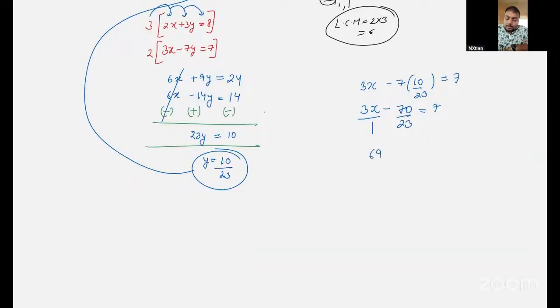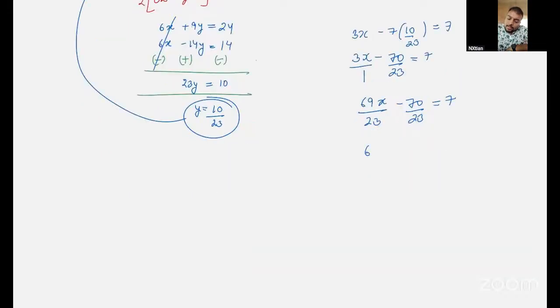So 69x upon 23 minus 70 upon 23 is equal to 7. So it becomes 69x minus 70 is equal to 7 into 23, which is 161.